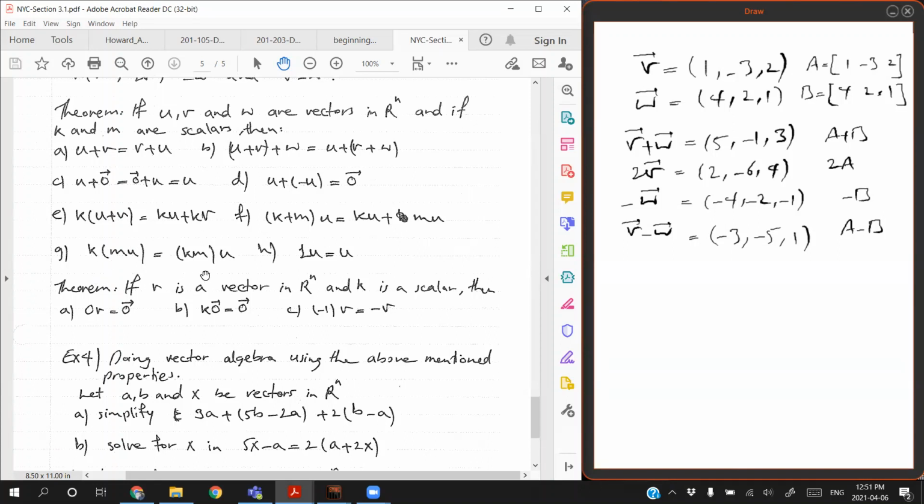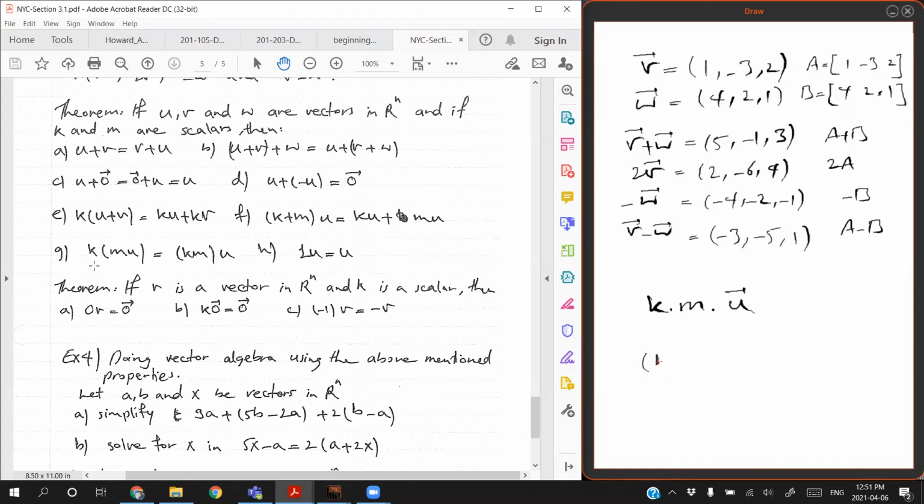This is similar to what we have here, associative property, but for multiplication. k times m times u. Here k and m are scalars and u is a vector.